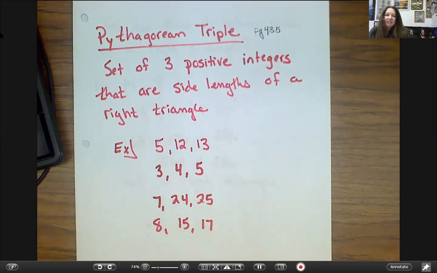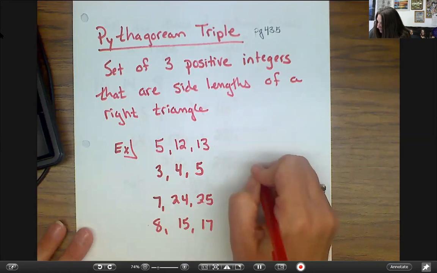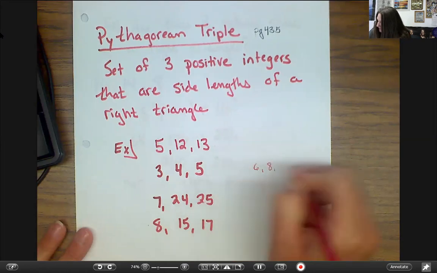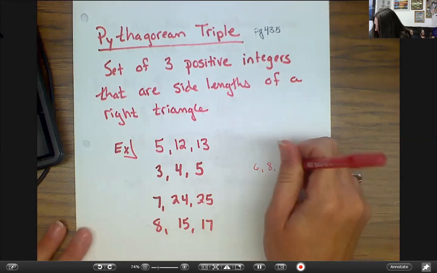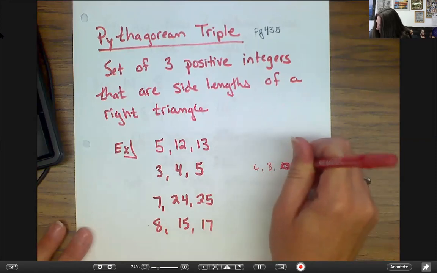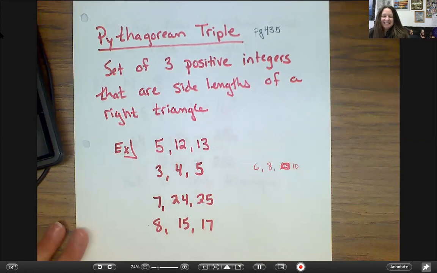Please keep in mind with these that also multiples of these values will always work perfectly in Pythagorean theorem. So for instance, if I had the Pythagorean triple 3, 4, 5, I could multiply each of these values by 2 and get 6, 8, and 10. So 6, 8, 10 would also be considered a Pythagorean triple.